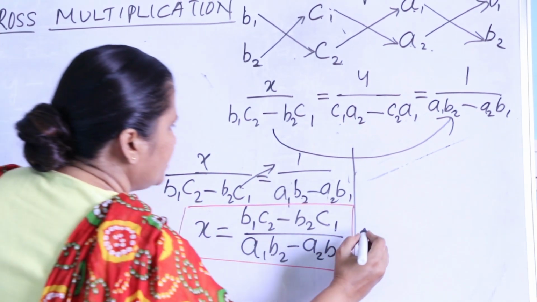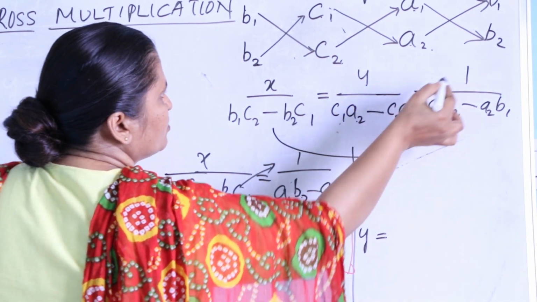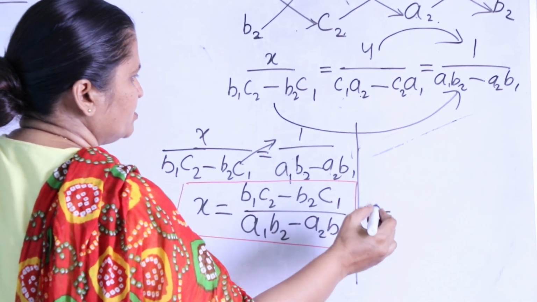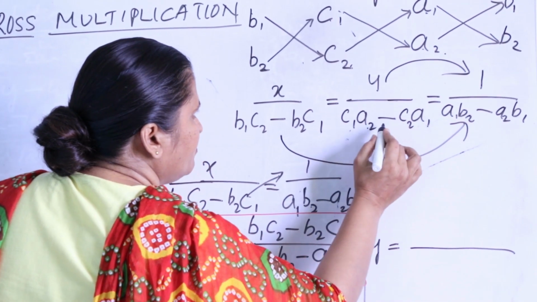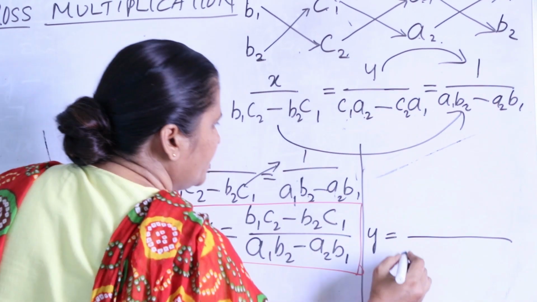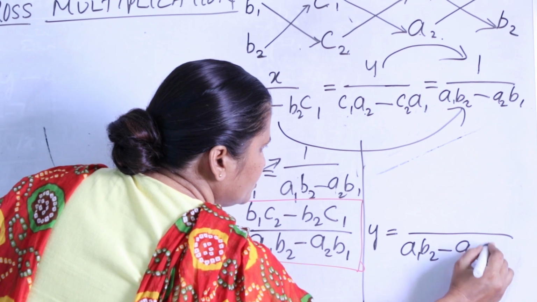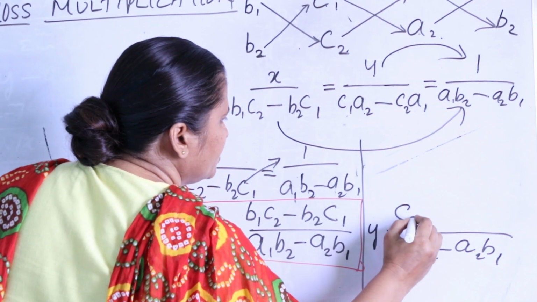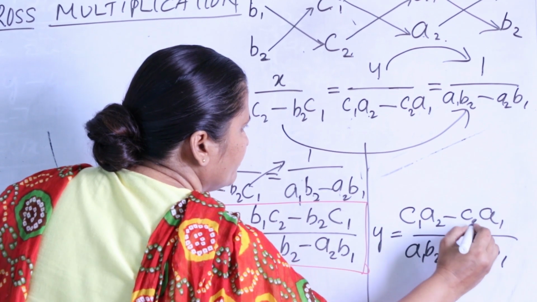Similarly, you get y is equal to, if this goes to the numerator, now consider these two ratios. Finally the denominator will remain the same, A1 B2 minus A2 B1, and the numerator will be C1 A2 minus C2 A1.